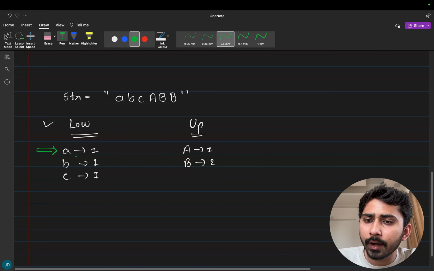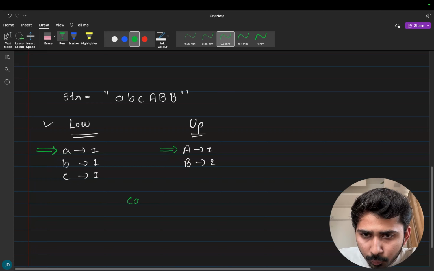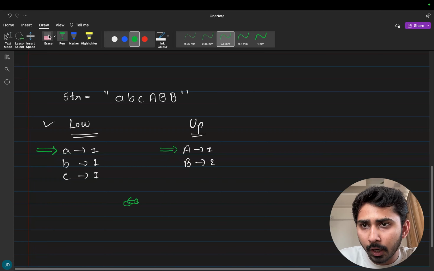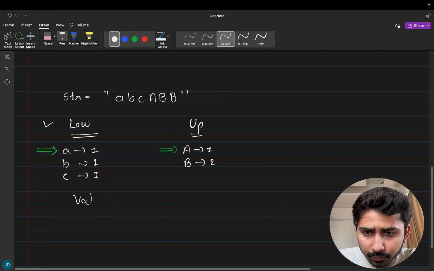Now I'll find the uppercase character of A, that is uppercase A, and how many uppercase characters are possible. There is only one. So how many pairs will lowercase a and uppercase A contribute to the total count of valid pairs?